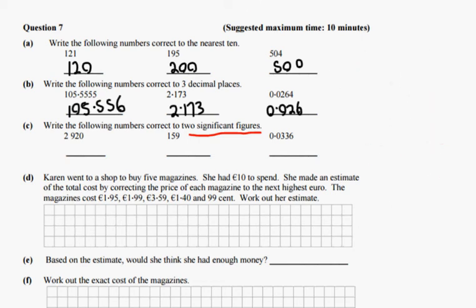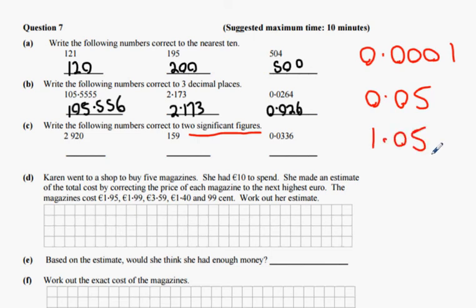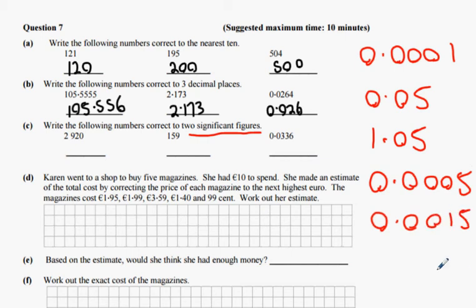What about decimals? How many significant numbers here? 1. How many here? 1. How many here? 3. The 0 is in a sandwich. How many here? 1. How many here? 2.